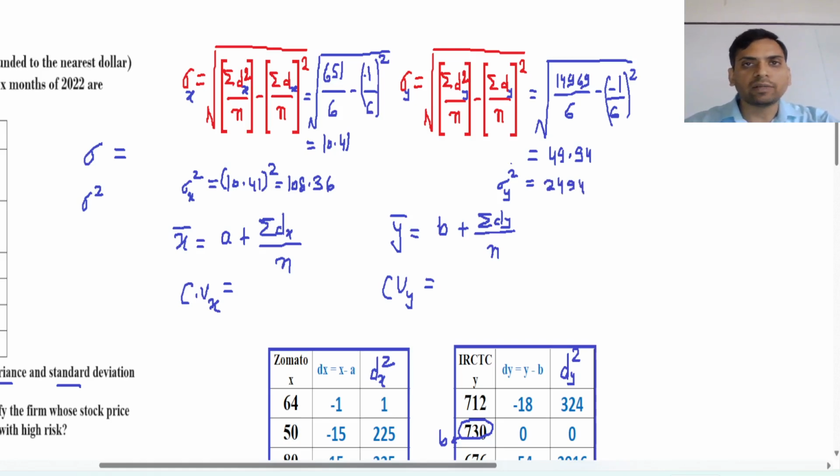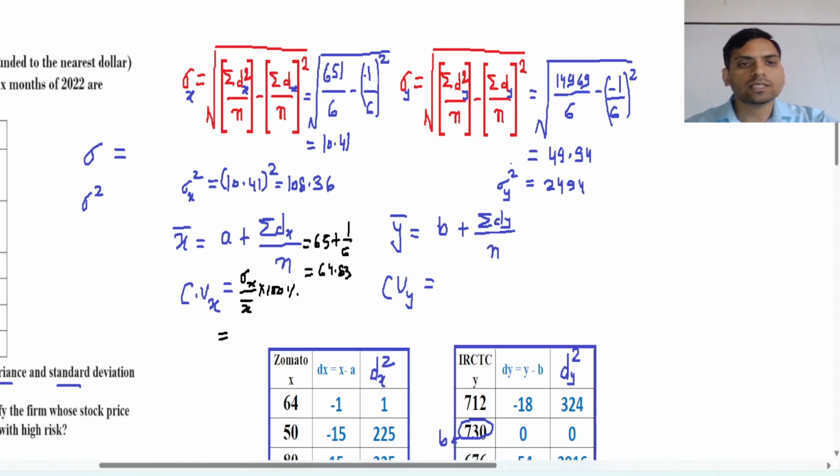Now for arithmetic mean, you will put value here. So a equals to, we have taken 65, and summation dx for this data set is minus 1. So you will get x bar equals to 64.83.